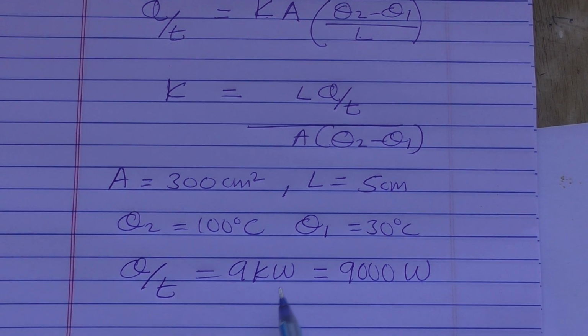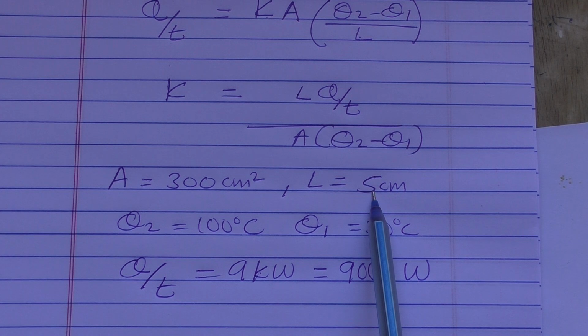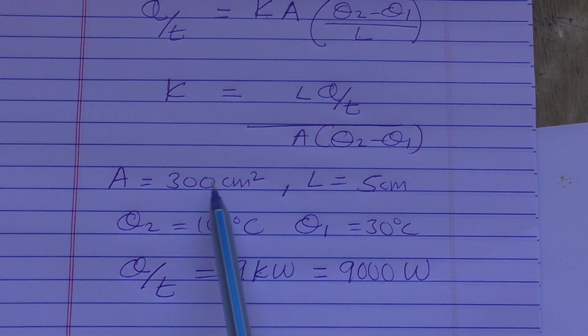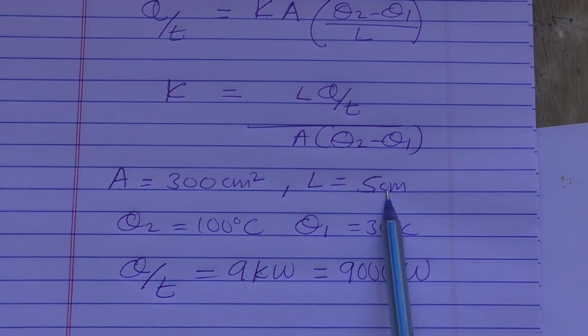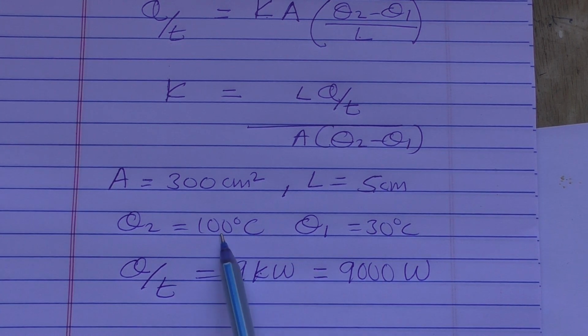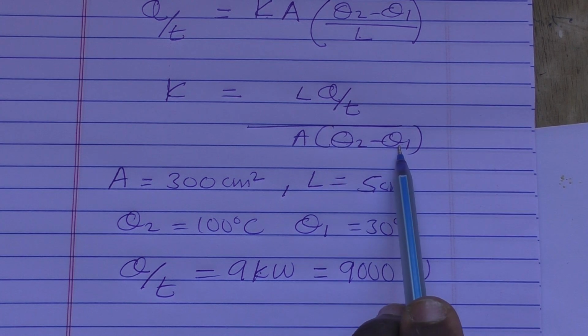So we can substitute. As we substitute, everything has to be in its SI units. So we must not forget to change the 300 centimeters squared to meters squared, 5 centimeters to meters. These temperatures we might not change because we are going to subtract.